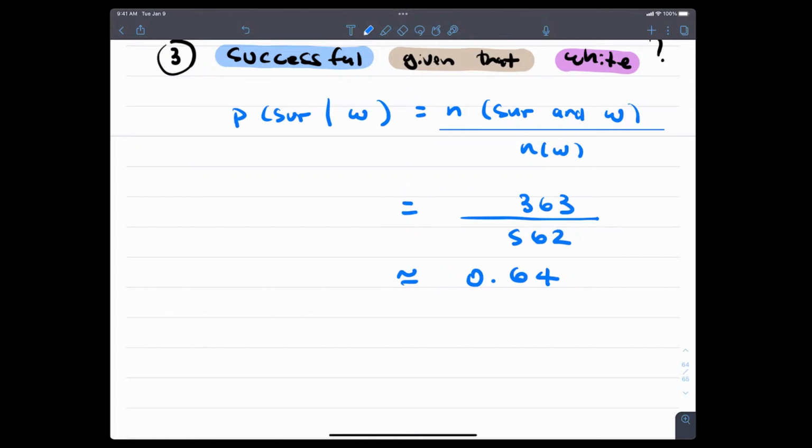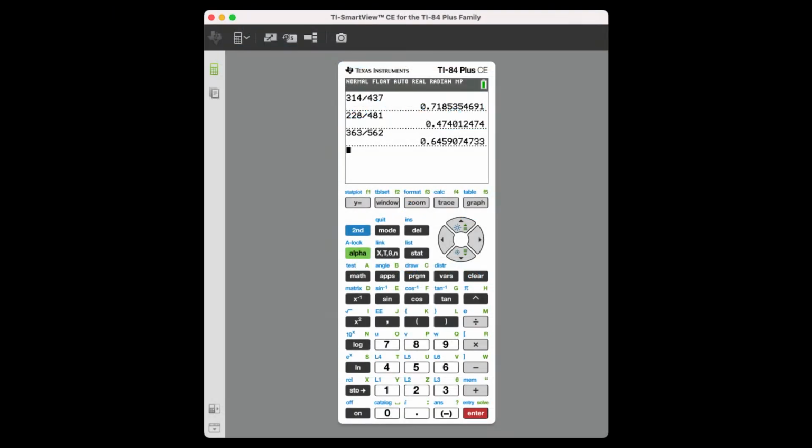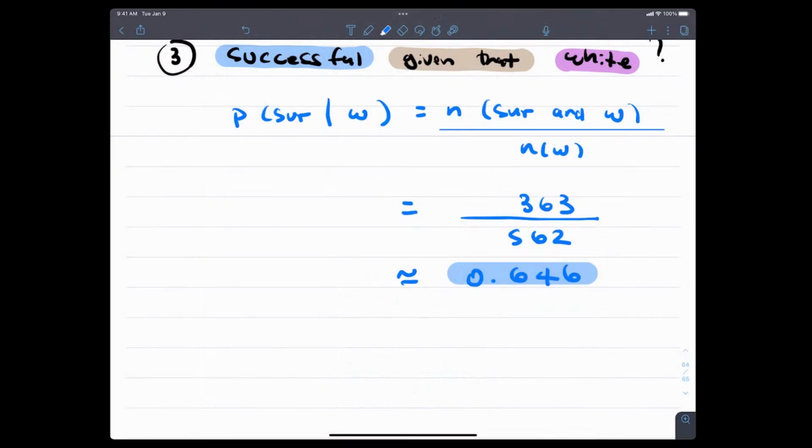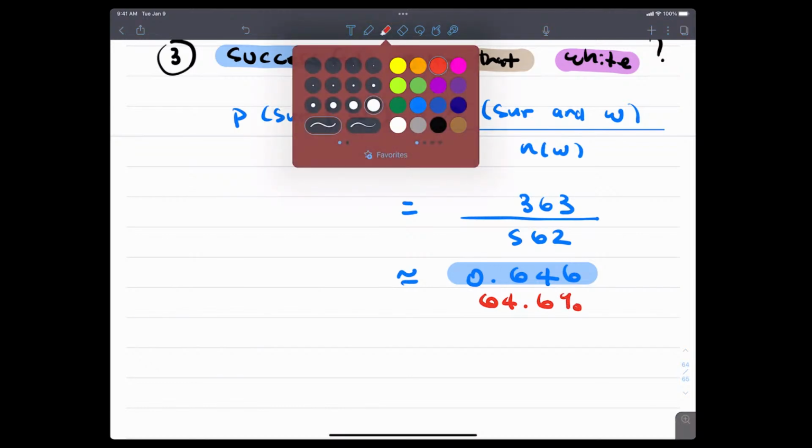Is that a 5 or a 6 if we go to the nearest thousandth? Outstanding. 0.646. This is what we got from the TI. And what is this as a percent? 64.6%. Okay.